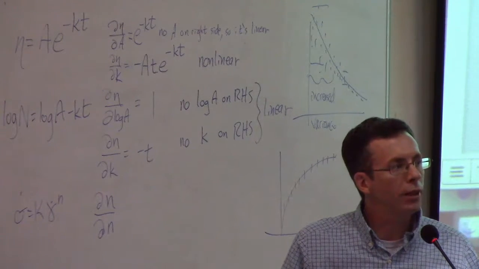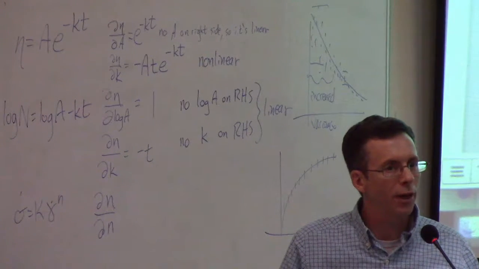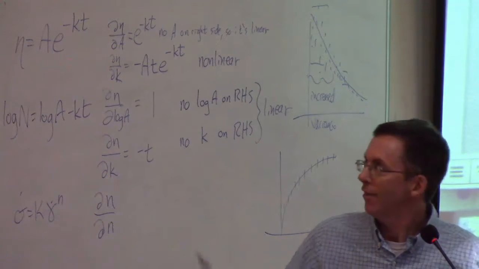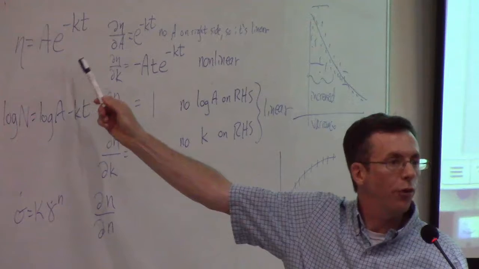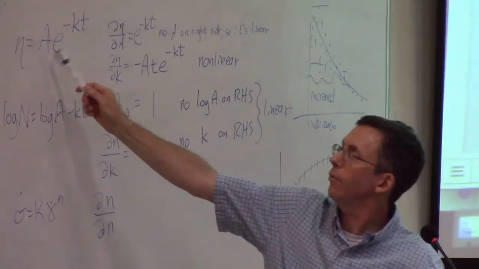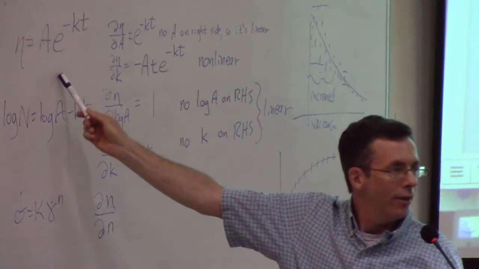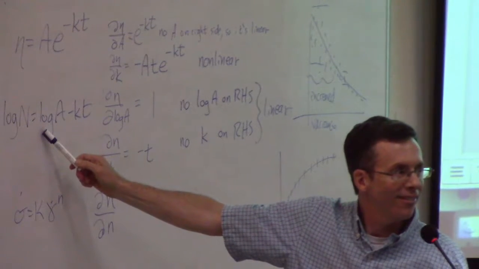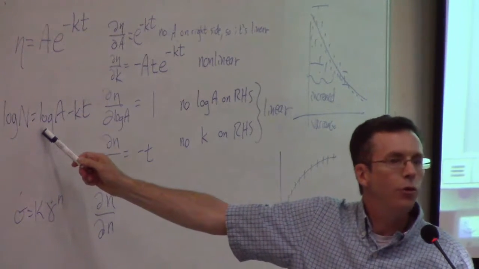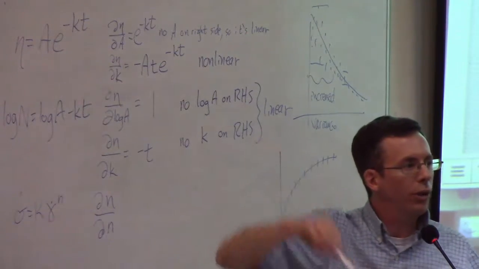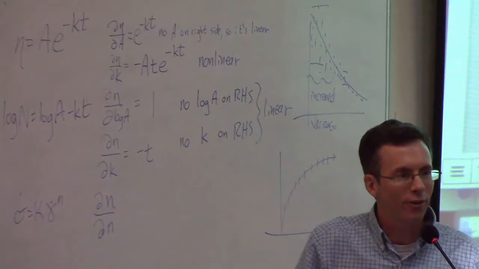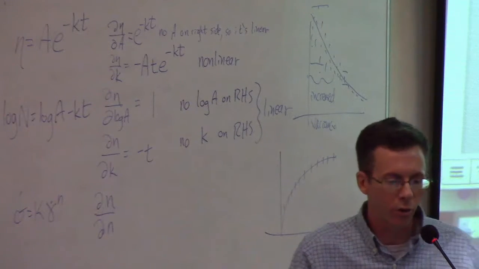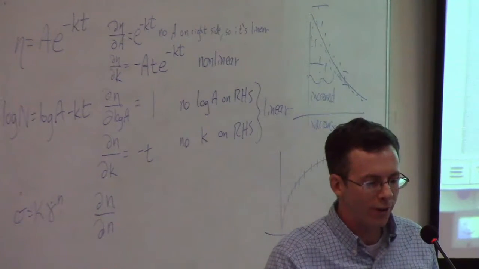They logarithmically transform all their nonlinear models. That's what Excel does. So when you ask Excel for A and K, it internally does this. If you want this answer, you have to go in and use Solver in Excel. Okay? Only Solver does that. Or you can do MATLAB, right? Which is what I'll show you. So that solves that one, okay?